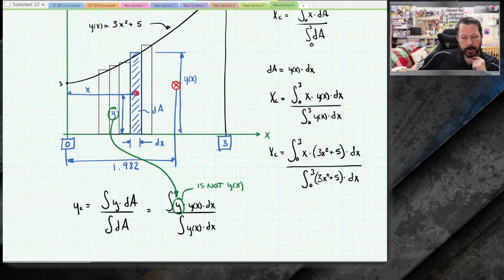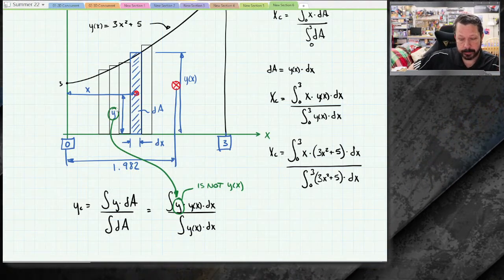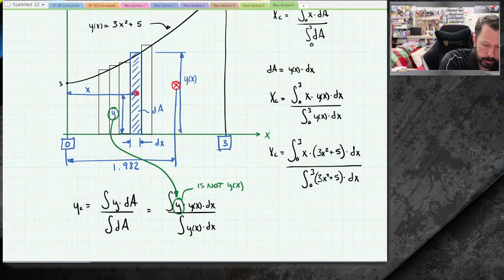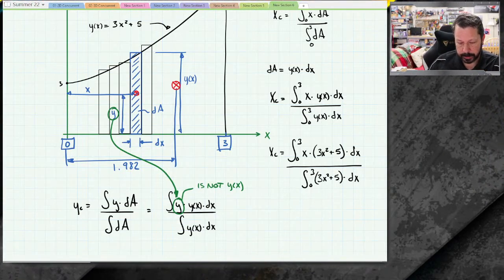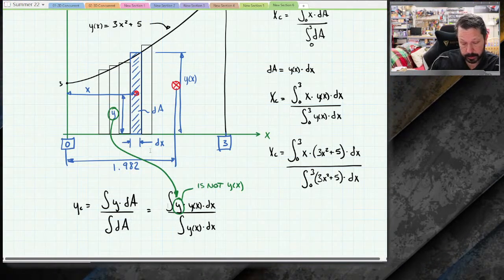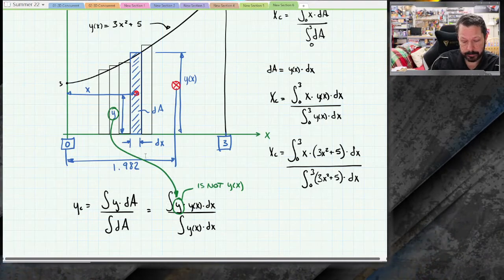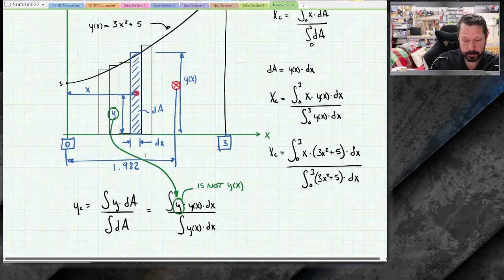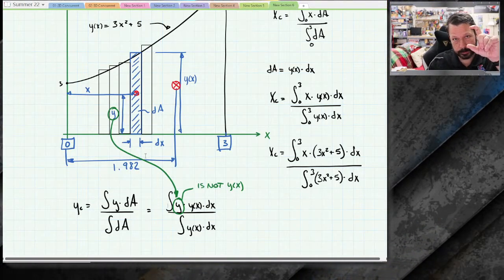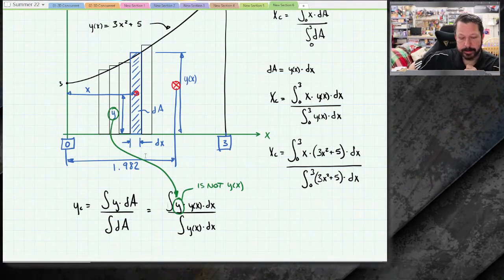That's not y of x. That's actually y of x divided by 2. That's going to catch people if you're not careful, because it looks like, well, there's a y. That's also why I wrote y of x for the other one, because that y of x is the height of the little differential strip that we drew, the blue one. This y is not y of x.